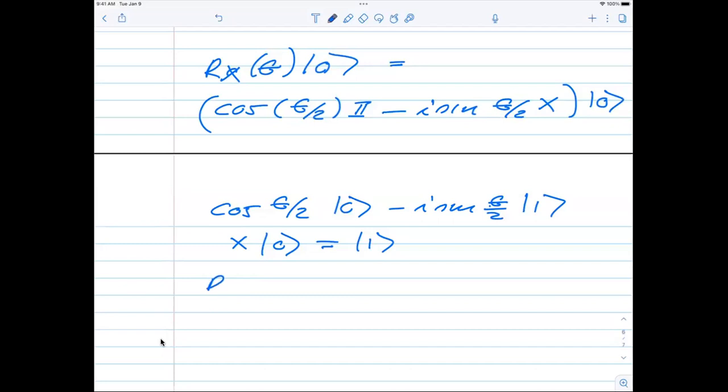The next operation is an Ry of phi, which is given by a cosine of phi half with the identity matrix minus an i sine of phi half multiplied with the Y matrix.